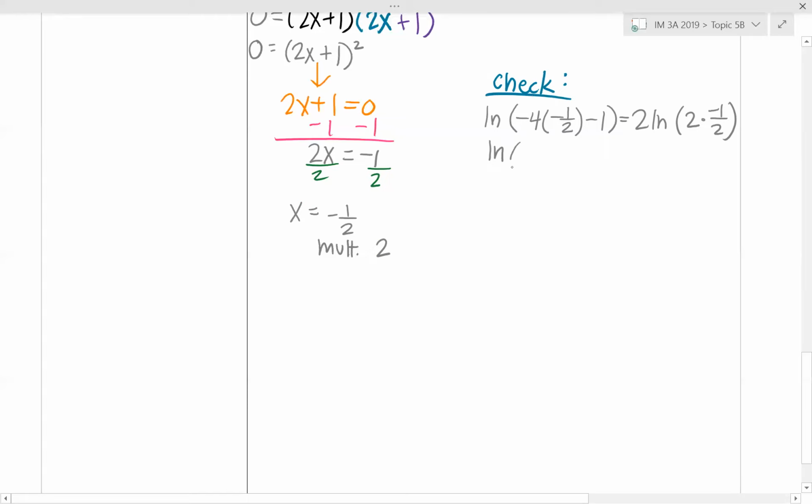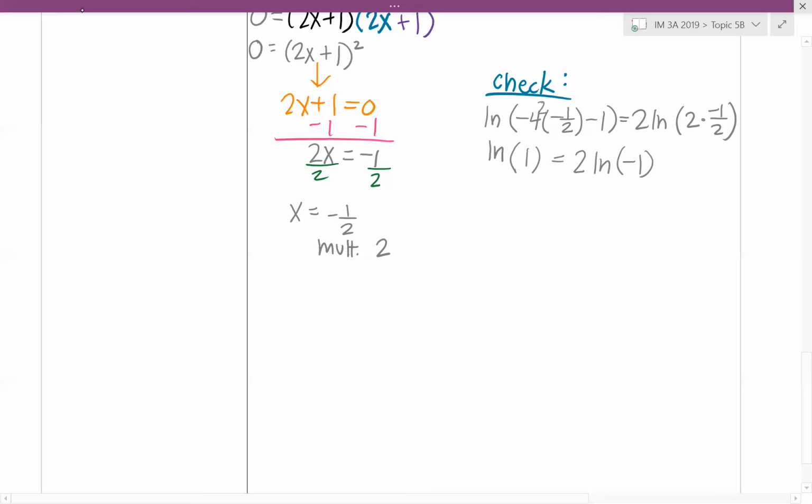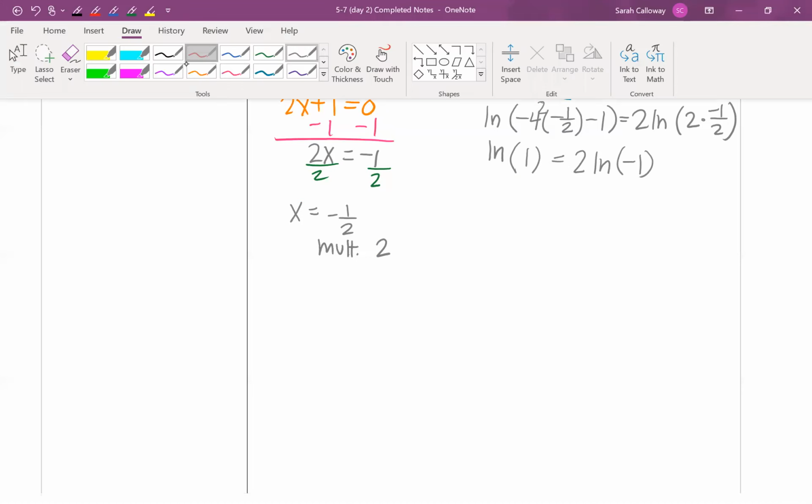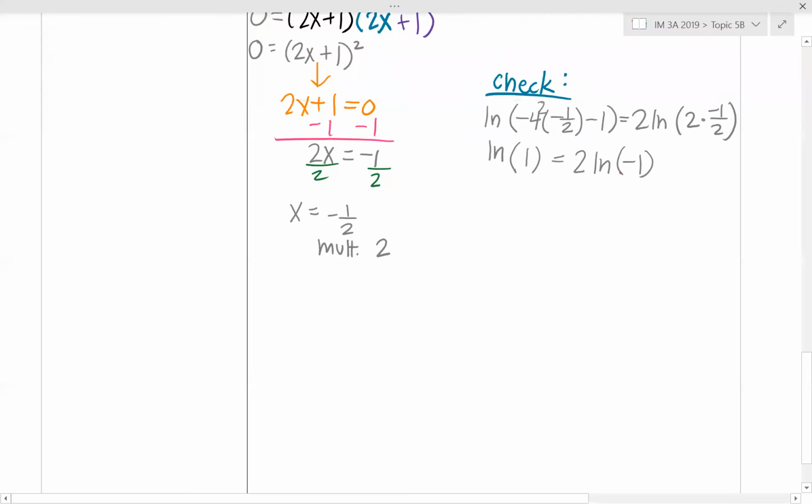Then 2 minus 1 is 1. So we get ln of 1 equals 2 times ln of -1. Because I have ln of +1 equals ln of -1, this cannot be a solution. Since it was my only option, that means that this problem has no solution.